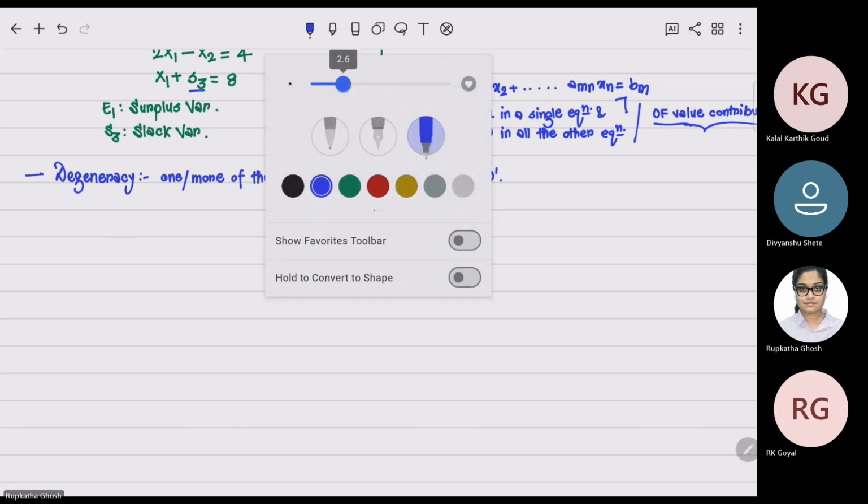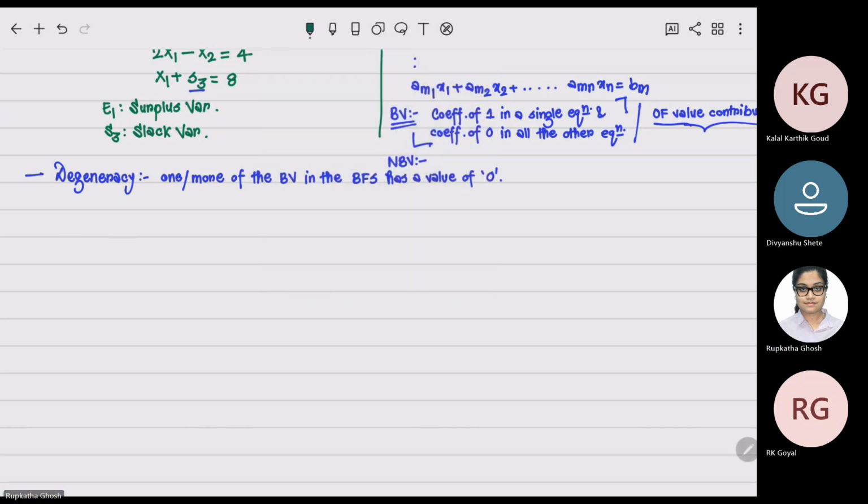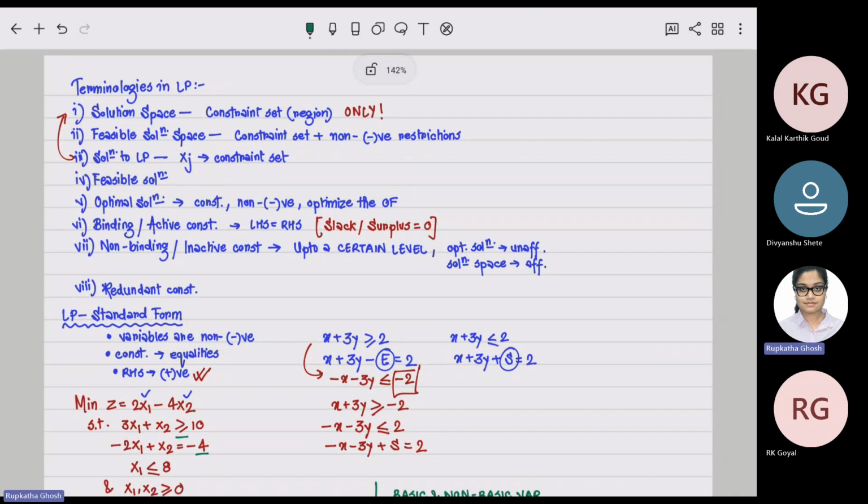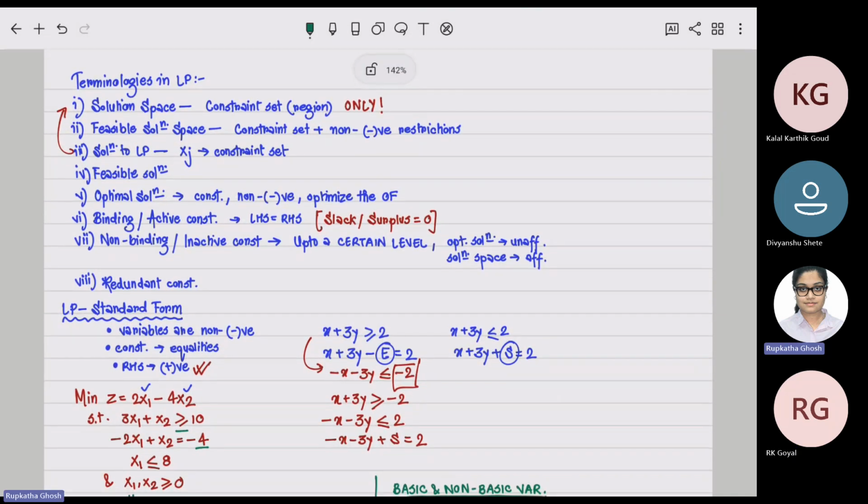And to wrap it up, we discussed what a unique optimal solution is. Let's formally define this term BFS, basic feasible solution. I have already discussed what a feasible solution is: the constraint set plus non-negative restrictions.